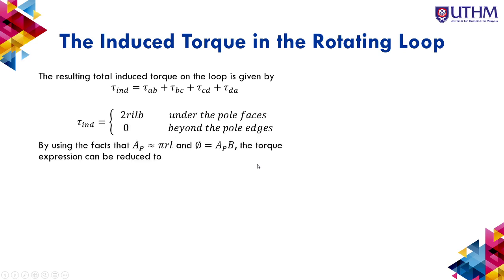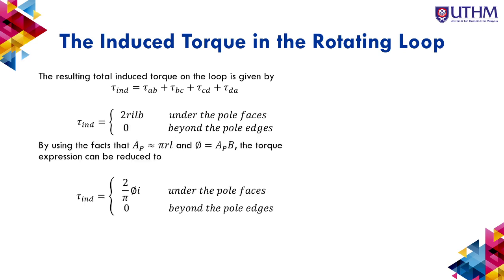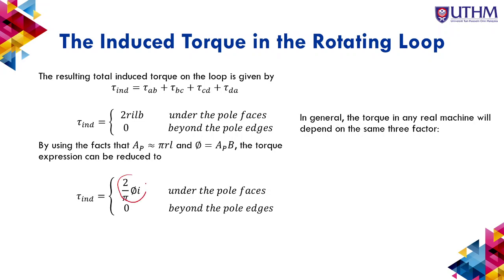So we know already the formula and how it is induced. In general, the torque in any real machine will depend on the same 3 factors, in any DC motor or any real machine. From here we can see that it will depend on 3 factors. The first factor is the flux in the machine.